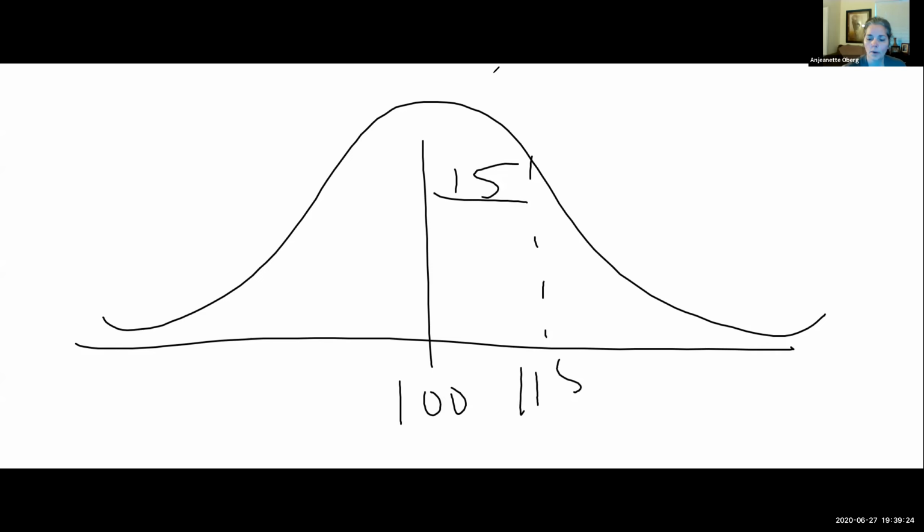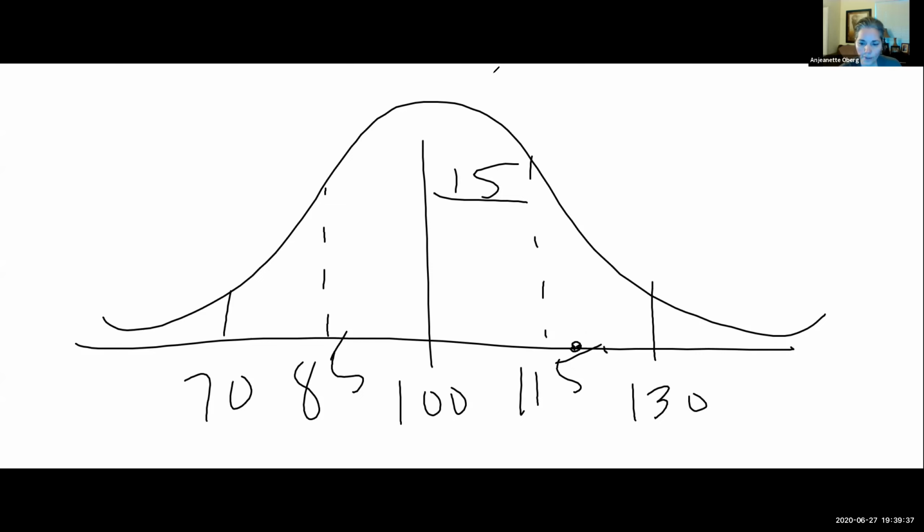So that makes this 115, that makes this 130, 85, and 70. And it's asking me about 120, which would be here, between 115 and 130, right? So it's asking me right here, about 120.